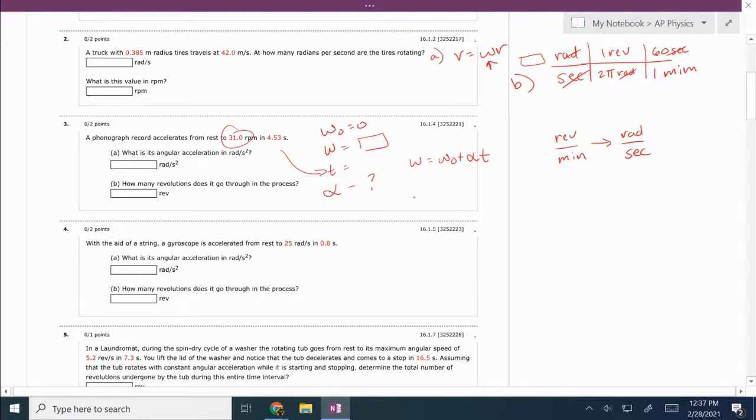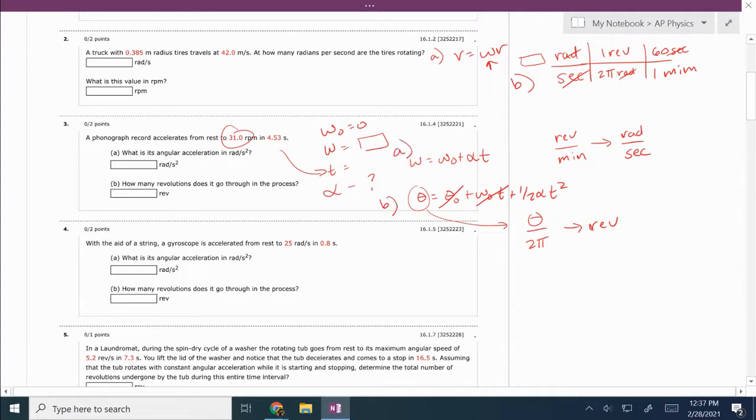I might solve for theta using the John equation, which would probably work pretty well. You've got everything you need, and that part would be 0, and that part would be 0. Solve for theta, and then take theta and divide it by 2 pi to turn it into revolutions. That would be how I'd do part B.